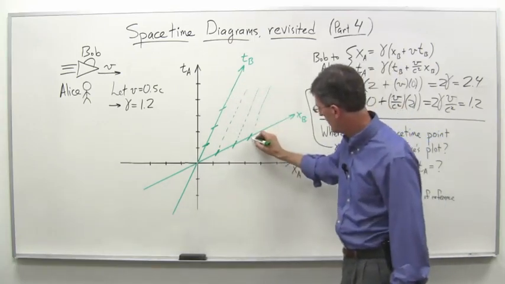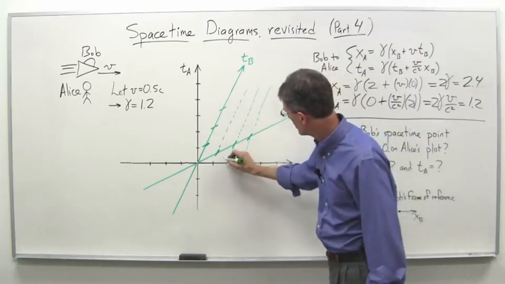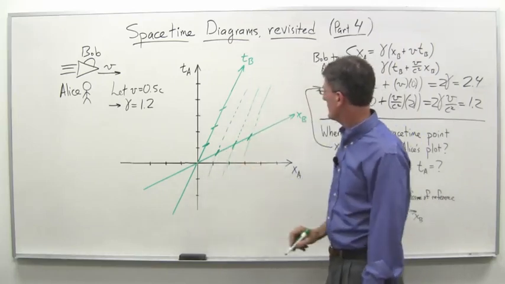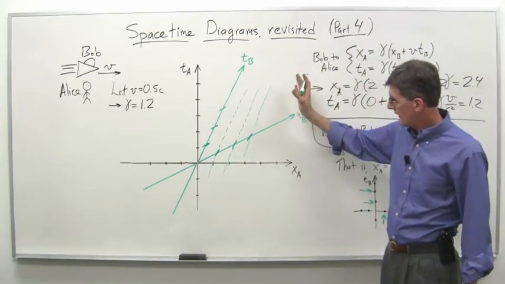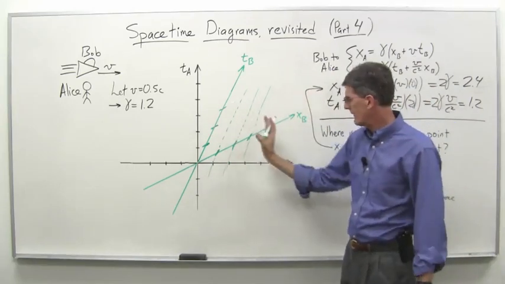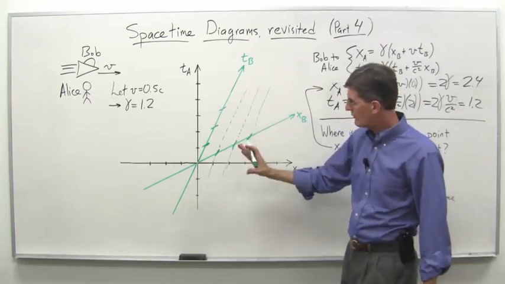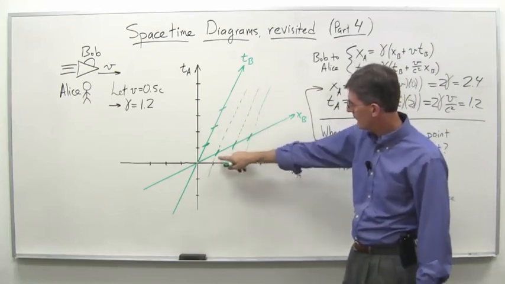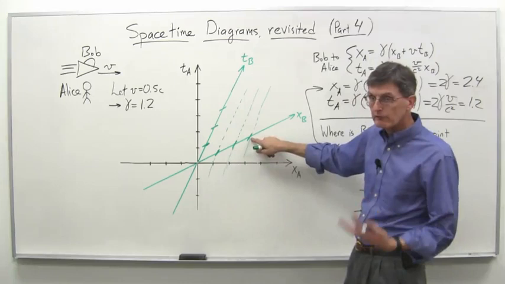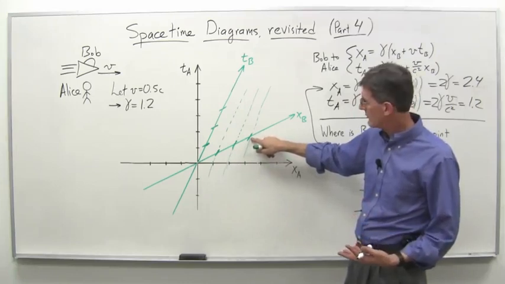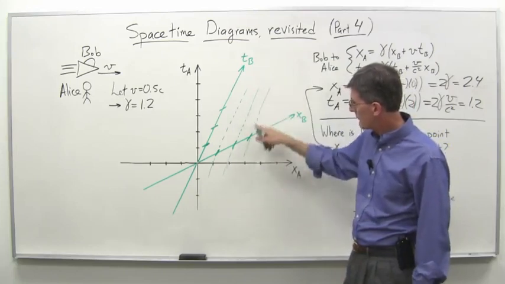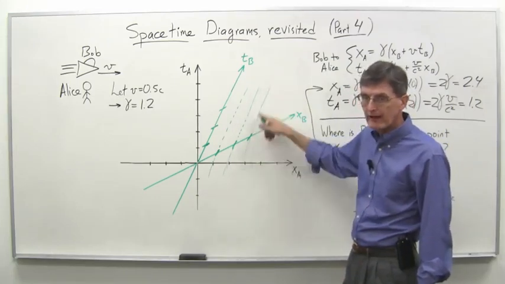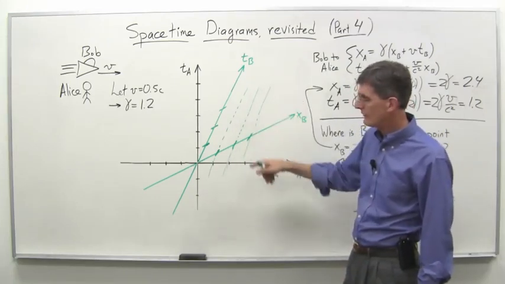And extending down too, of course, all the way down there. Those are lines of same location, I hope I said that right, for a given value of x sub b. So this is 3 light years on the x sub b axis right there. And anywhere on this line, as far as Bob's concerned, those would be events that happen at 3 light years for any given time.